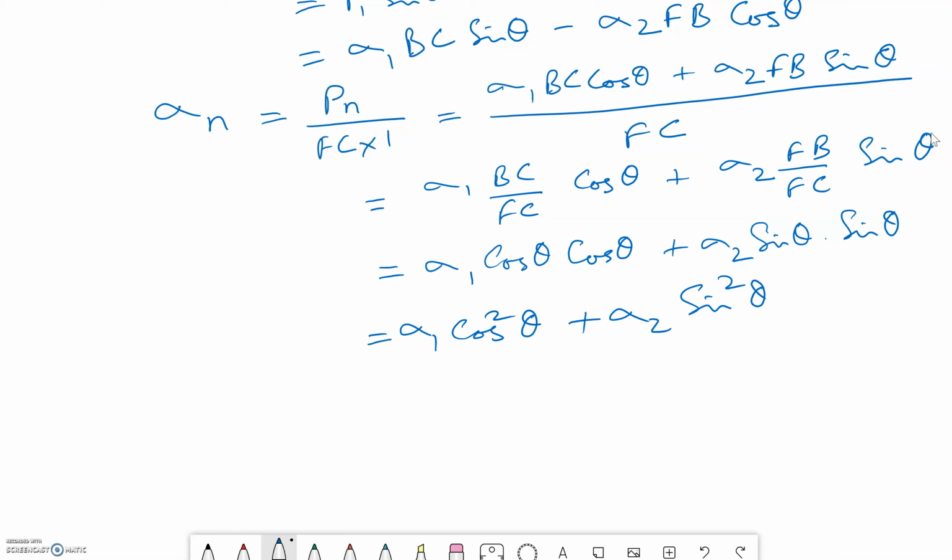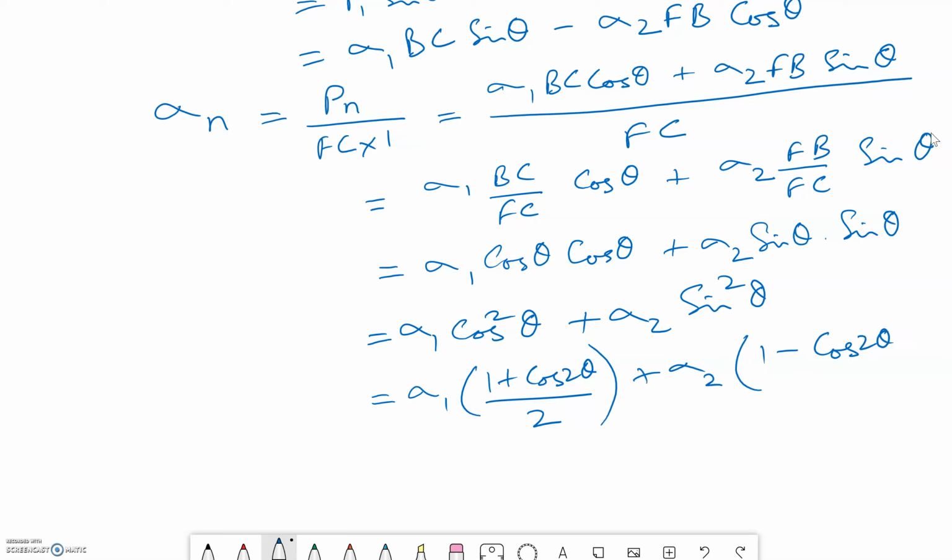Now we know from trigonometric relations, sine square theta and cos square theta can be replaced. Cos square theta will become 1 plus cos 2 theta by 2, and sine square theta will become 1 minus cos 2 theta by 2.